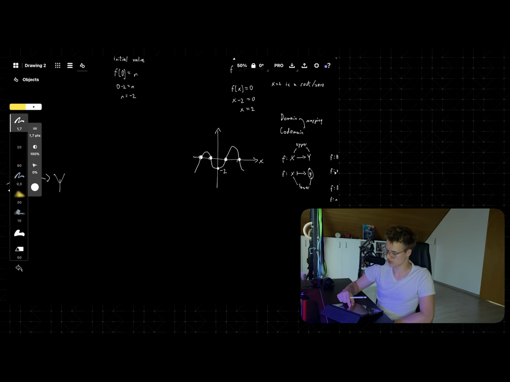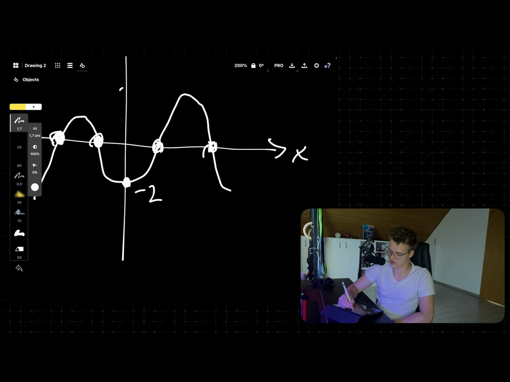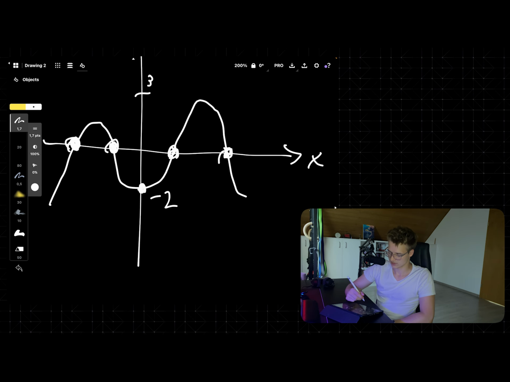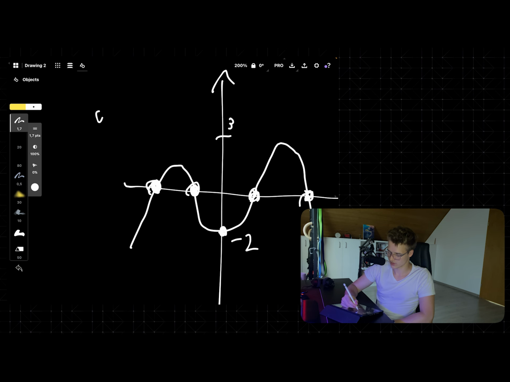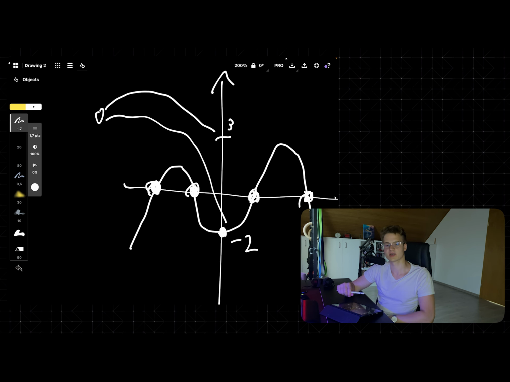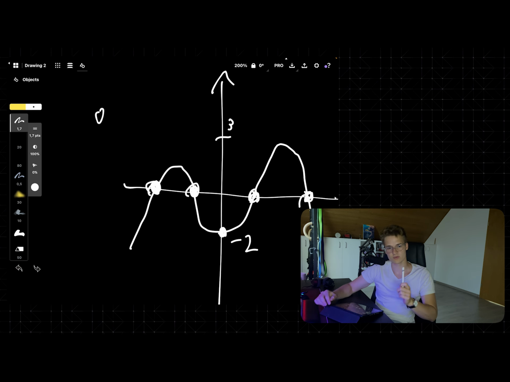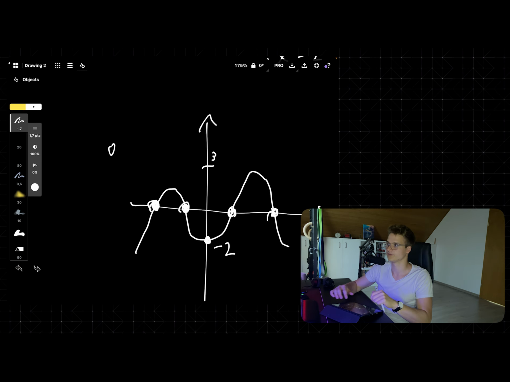If we had two initial values, so let's say minus 2 and 3, then the element 0 was mapped to -2 and it was mapped to 3. So this is no longer a function because we said it gives every element in the domain exactly one element in the codomain. It can't have two different elements in the codomain, okay? So that's why we only have one initial value.